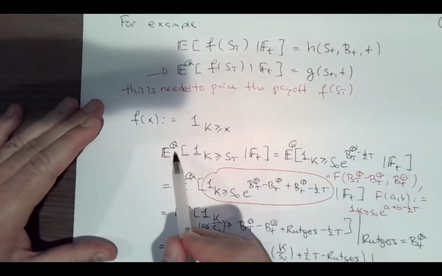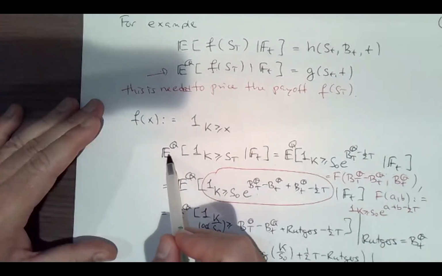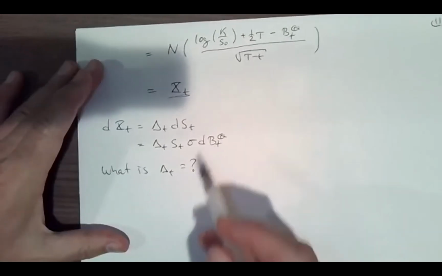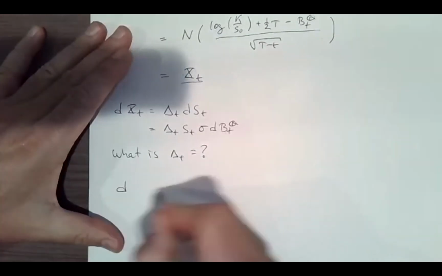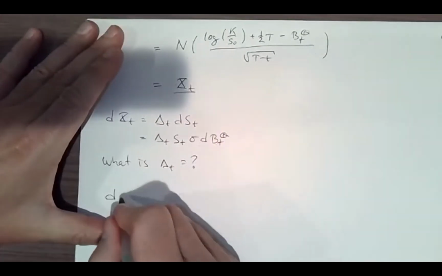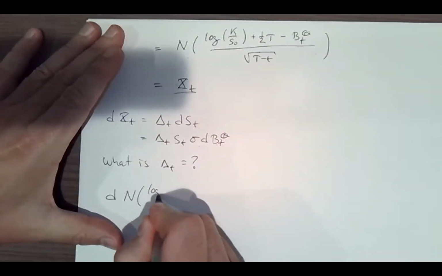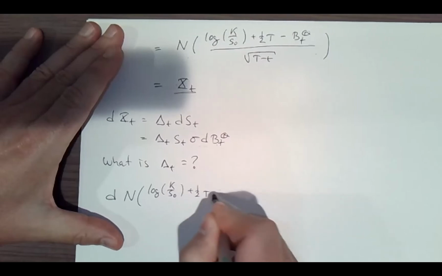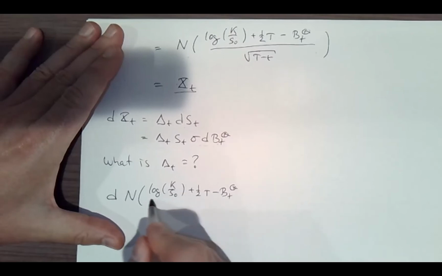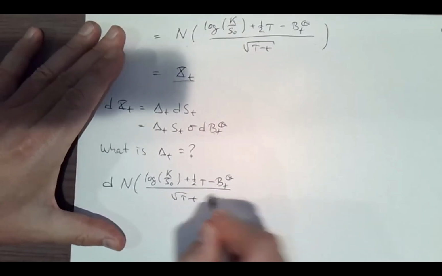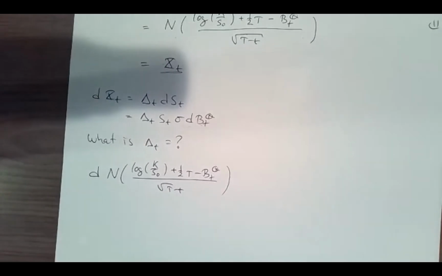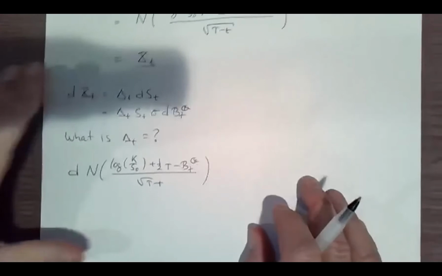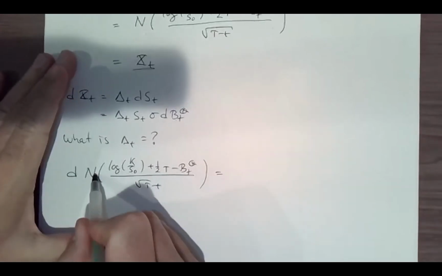It's just going to be a Brownian motion term. So what is delta? Well, we compute d of this top formula here, d of N of log K over S_0 plus 1/2 t minus B_t^Q divided by the square root of T minus t. When this is a function applied to a stochastic process, I know how to compute this. This is equal to N prime.